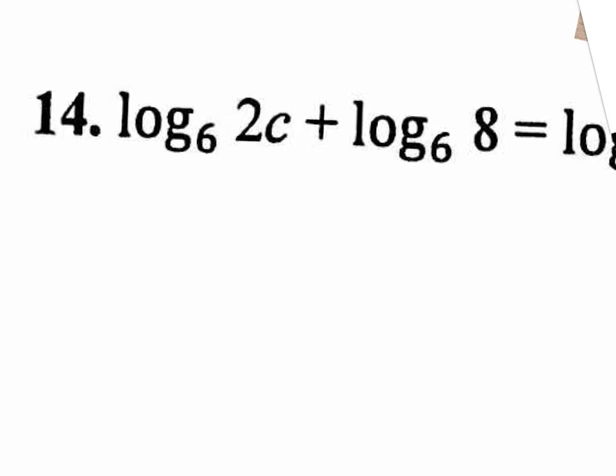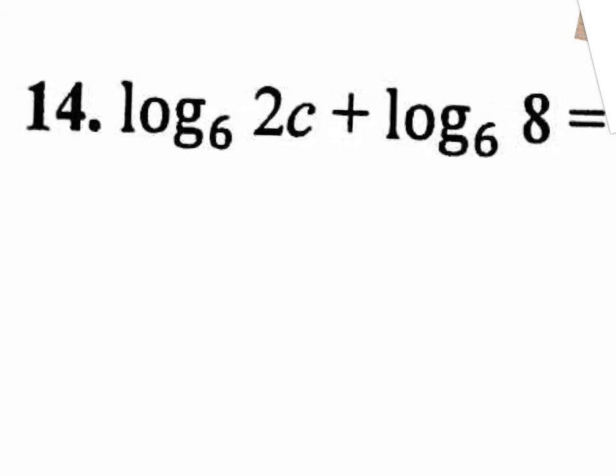So if I just focus in on the left side of the equation, I do have log base 6 of something plus log base 6 of something. So because I have both log base 6's and because I have a plus, that should indicate, if I have the properties memorized, which property am I going to use? The product property. Now the product property says you could split them or you could go back and condense them. I'm going to condense them.